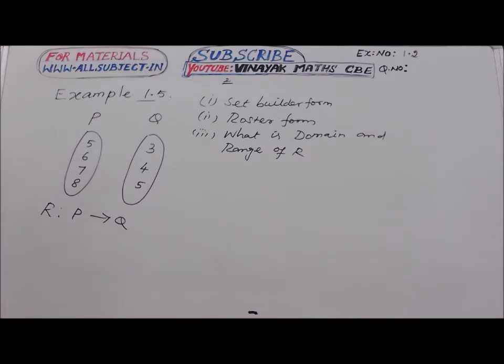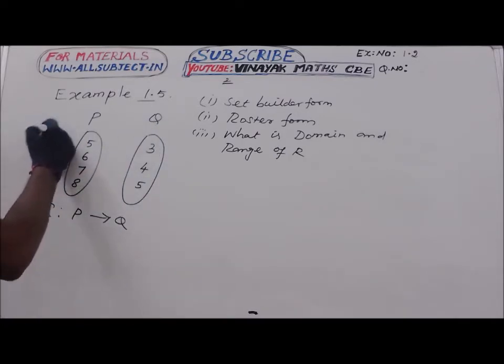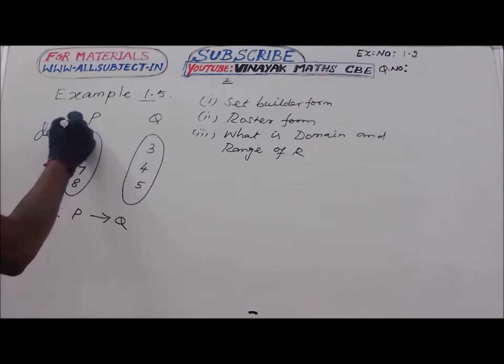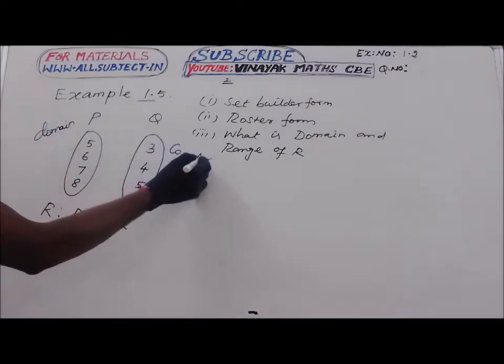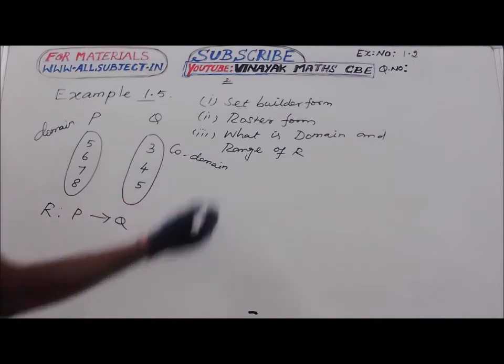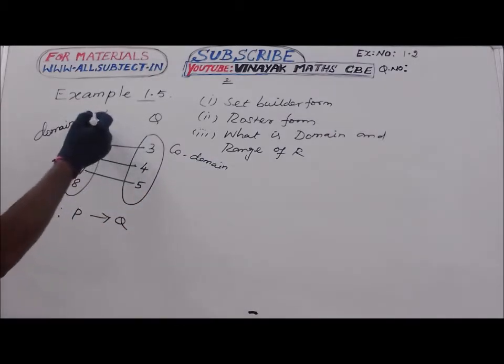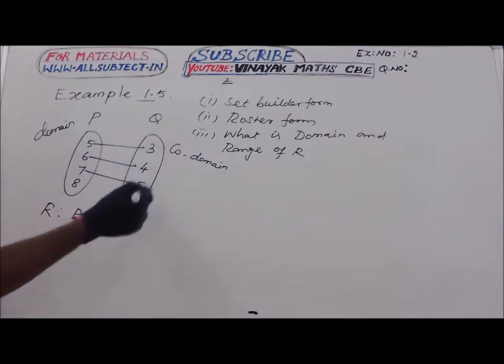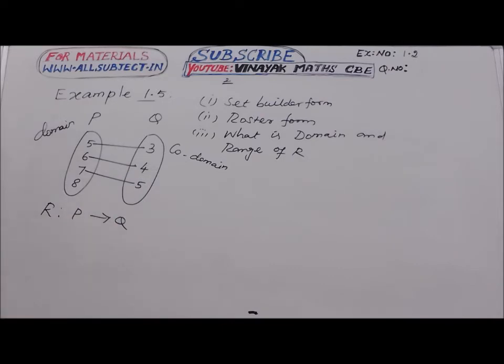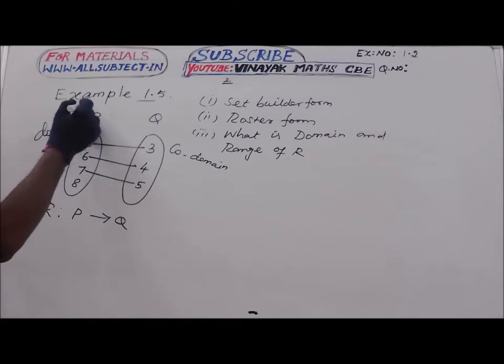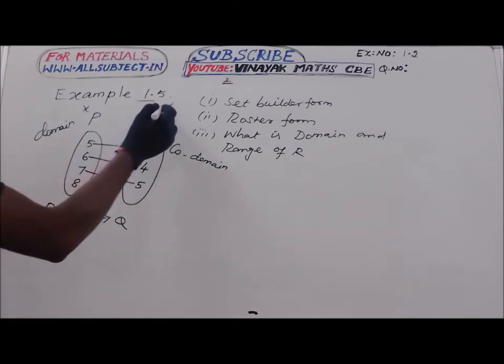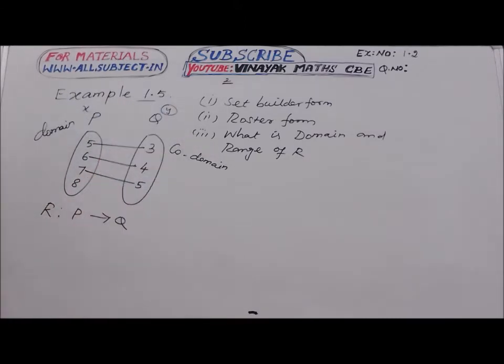Now, set builder form. Usually the first set is known as the domain, and the second set is known as the codomain. These are known as X values, and these are known as Y values.